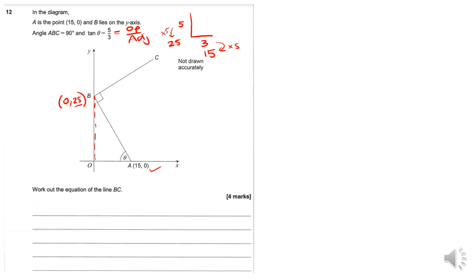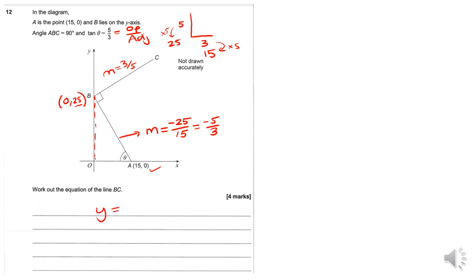The rise over the run, or m, the gradient for this, well, it actually goes down 25 as it goes across 15, or if you like, -5/3. These are perpendicular lines because they meet at a right angle. So m of this must be the negative reciprocal. So this one is going to be 3/5 for that one.